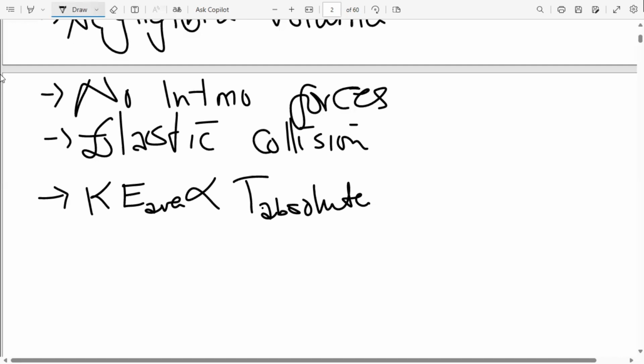So those are some of the assumptions that we talked about when we discussed the principle of an ideal gas, which directly leads us to discuss what we call the ideal gas law.